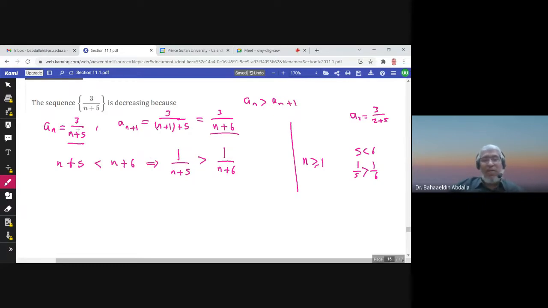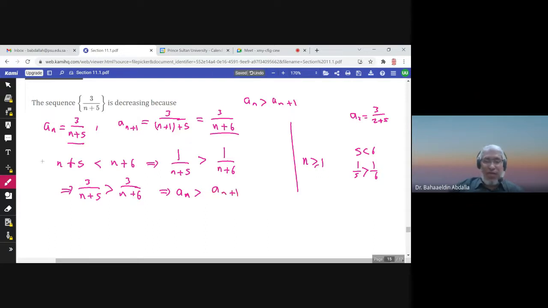Now an is 3 over n plus 5. An plus 1 is 3 over n plus 6. So can I multiply this inequality by 3? Of course, 3 is a positive number. You can multiply by 3 without any problem. So what is 3 over n plus 5? It is an. 3 over n plus 6 is an plus 1.